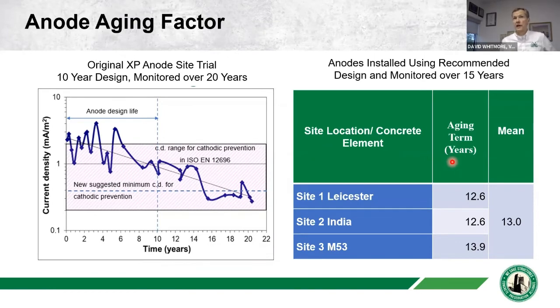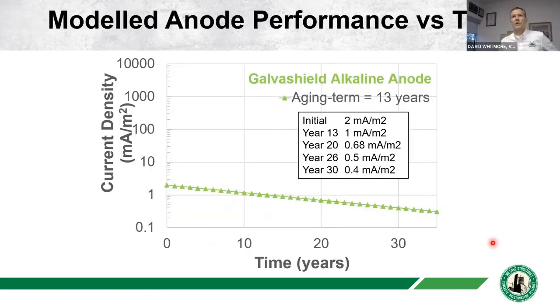For the anodes that we are currently producing, we have an aging term of around 13 years. So every 13 years, the current output from the anode is going to drop by 50%. And in the next 13 years, another 50% of what's remaining, and another 13 years, until eventually it doesn't work anymore. We can use that long-term behavior.